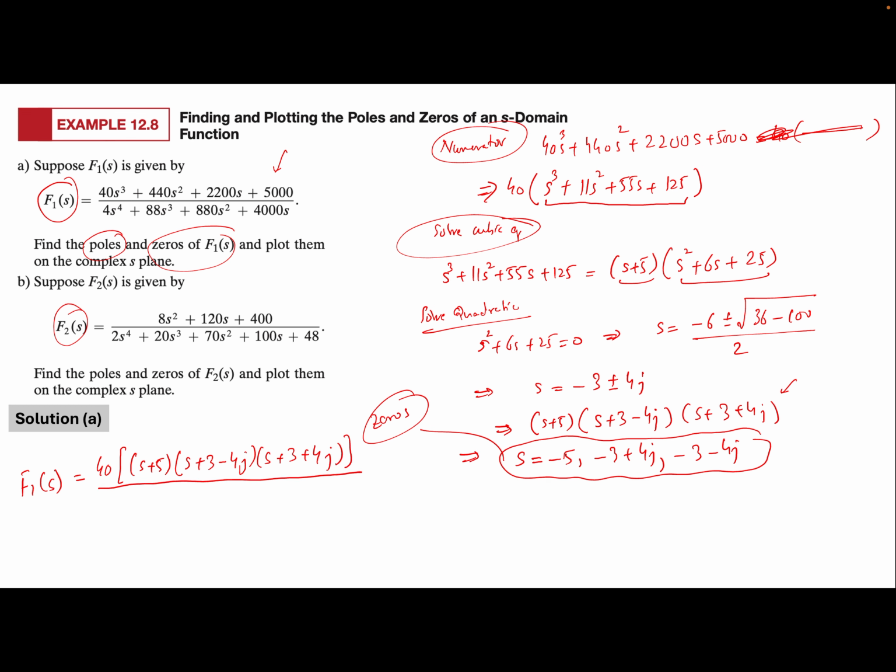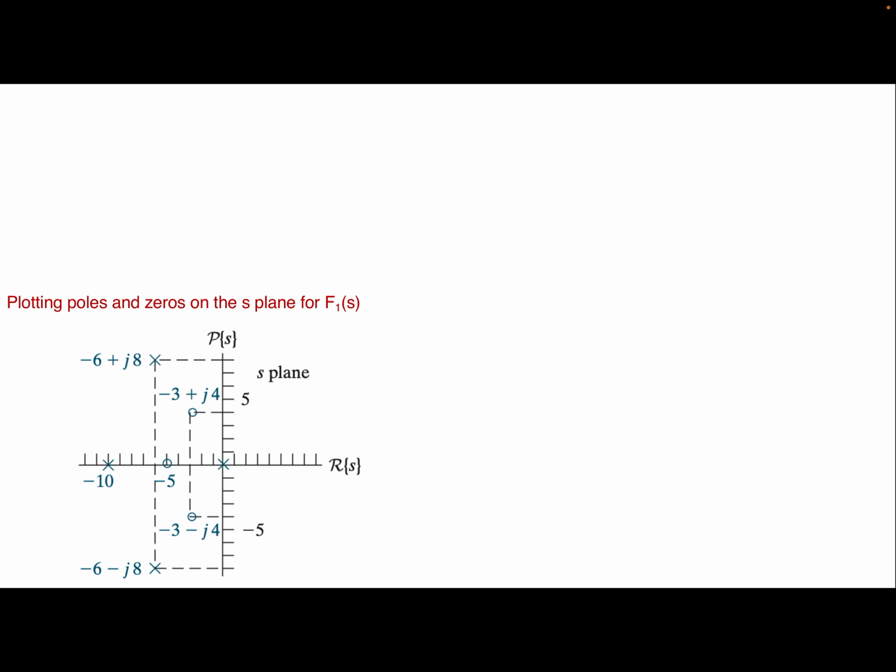I'm going to do the denominator now. The denominator was this 4s to the fourth. I'm going to take 4 common and then do the whole thing again. Just forget about what this is, I'm going to show you in a second, but let's solve the denominator first.